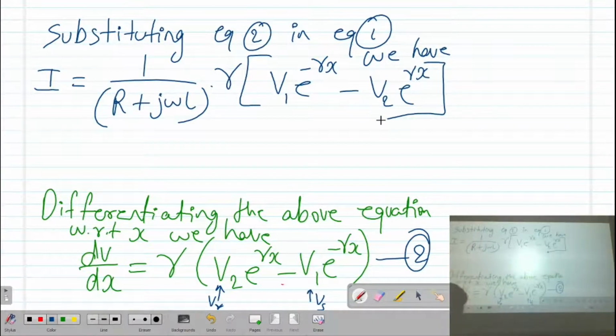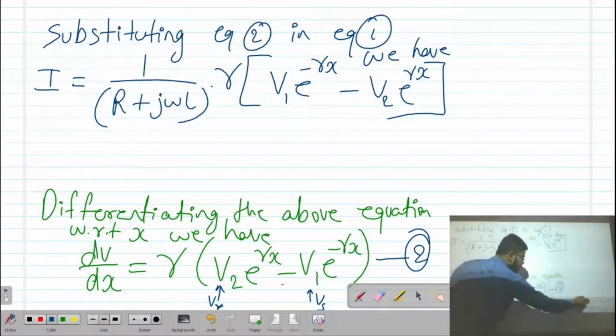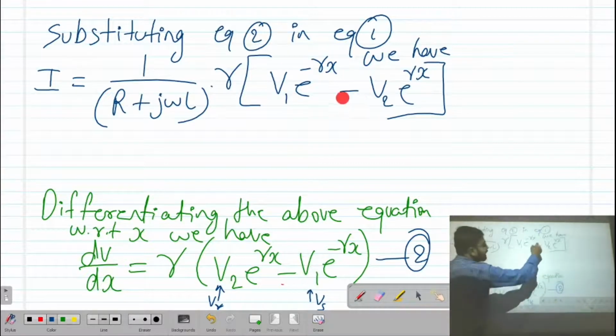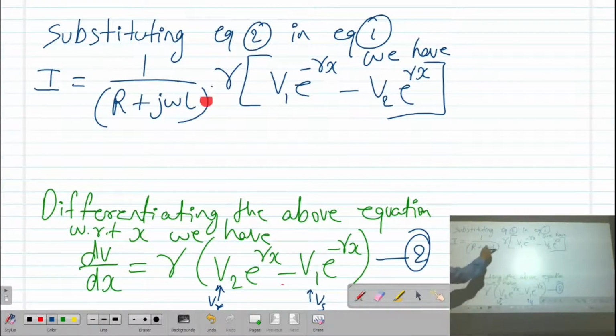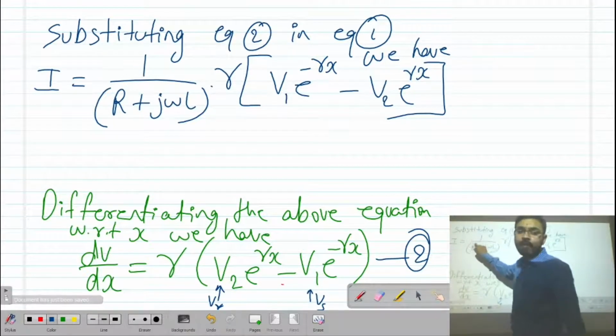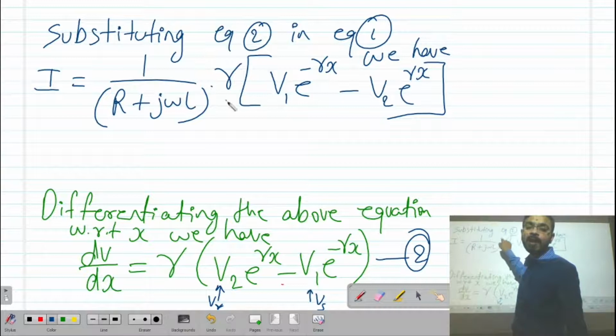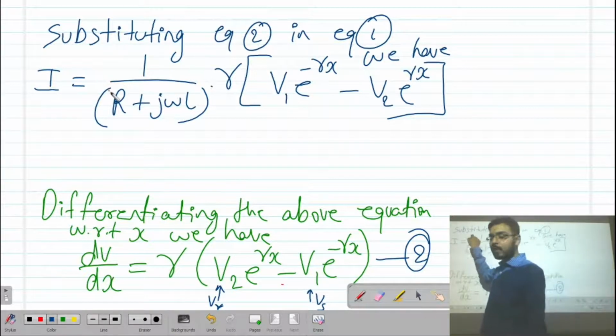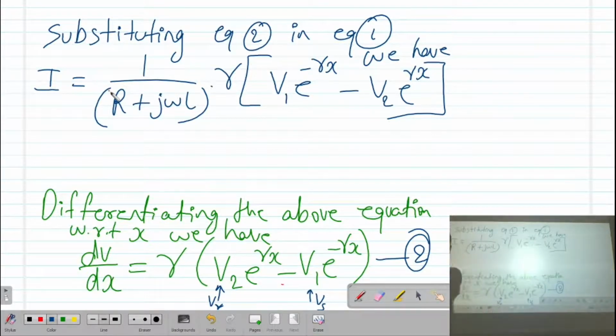This minus sign we are taking common, so V1 will be positive over here, V2 will be negative over here. In the equation of I, we know that I is equals to minus 1 by R plus j omega L dot dV by dx. So minus from this component and minus from this component will cancel, it will be plus over here, right? So don't get confused.